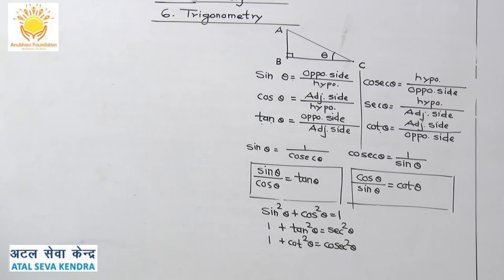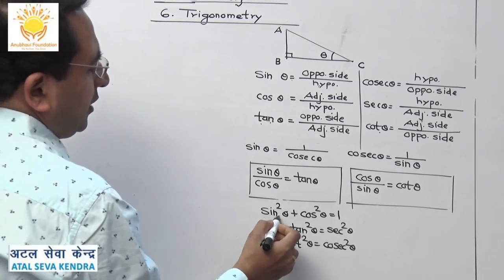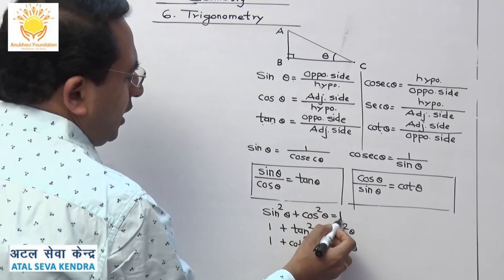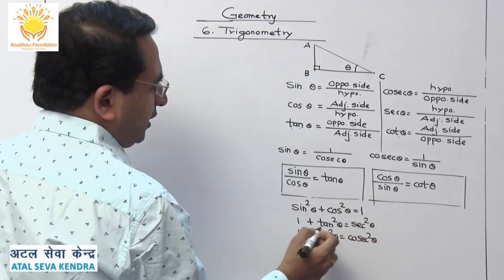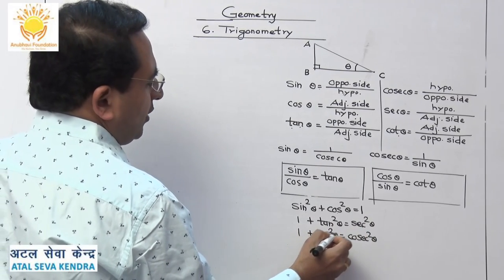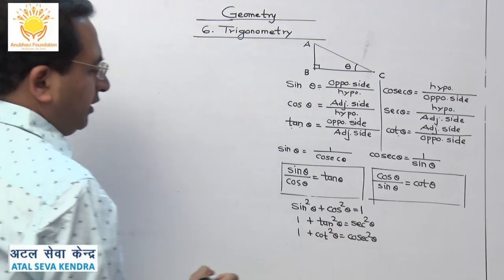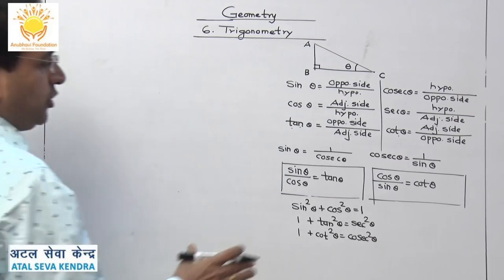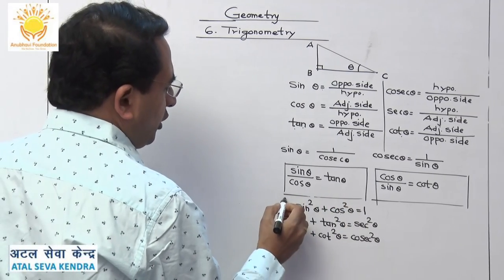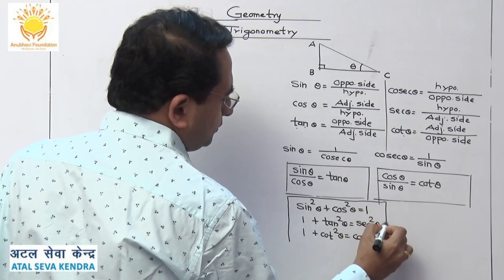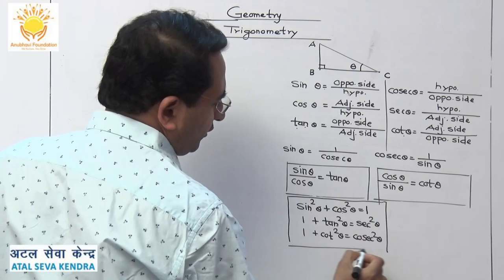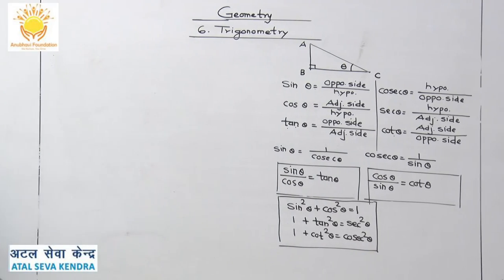Again I repeat, sine square theta plus cos square theta is equal to 1, then 1 plus tan square theta is equal to sec square theta, and 1 plus cot square theta is equal to cosec square theta. Basically, you will be solving the majority of the questions based on this.